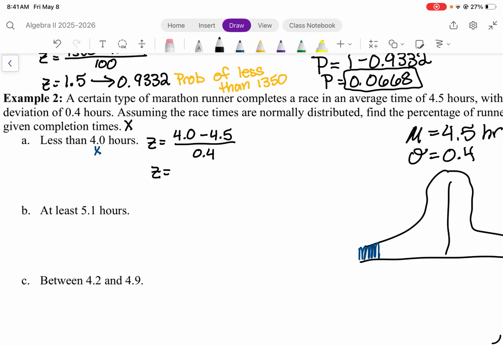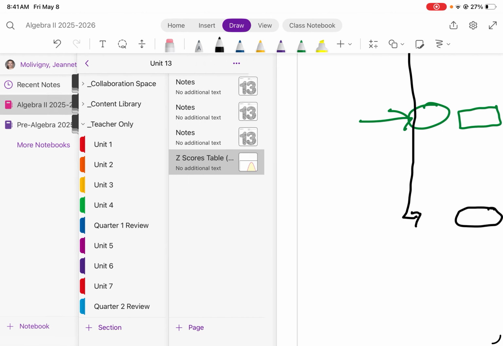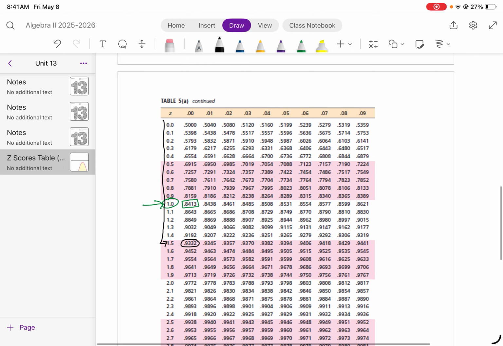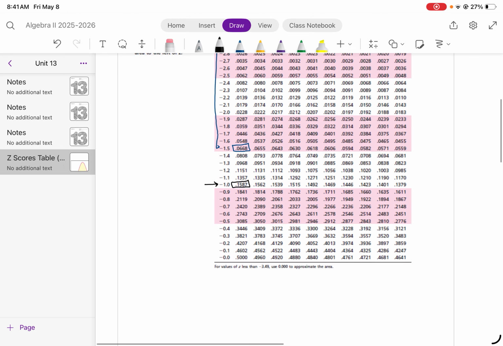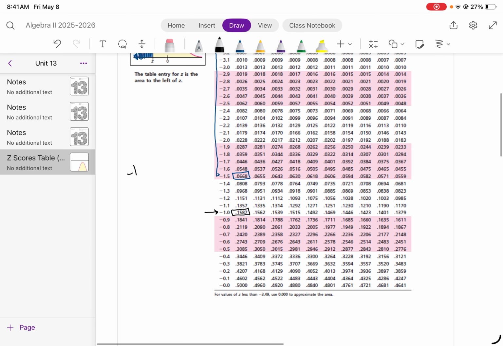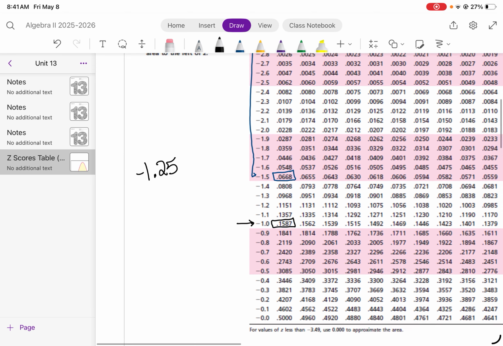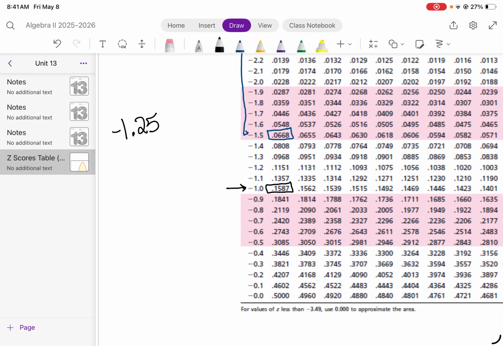Once we find our z-score, you get negative 1.25. Remember, that's not our answer. That's used to help us find the probability. So we're going to take that negative 1.25, go to our table. It's negative, so you need to make sure you flip to the negative side. And we are looking for negative 1.25. So there's negative 1.2 here.